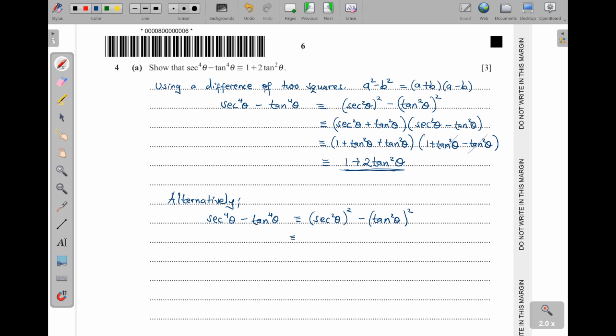Then sec squared is 1 plus tan squared theta. Then we square, minus this one. Let me just leave it as that. Now you expand this, it will be 1, then plus 2 times 1 times tan squared, that is 2 tan squared theta. Then square the tan squared, you get tan power 4 theta, then minus tan power 4 theta. So you can see that this one cancels and you get your answer 1 plus 2 tan squared theta.